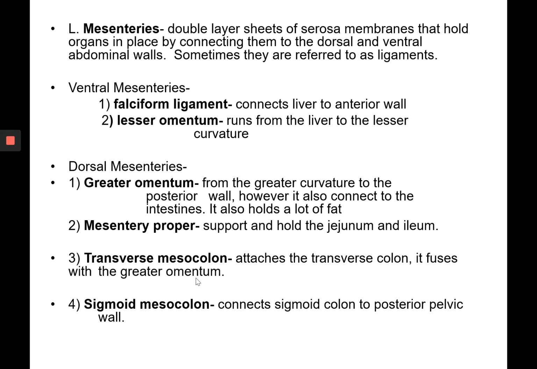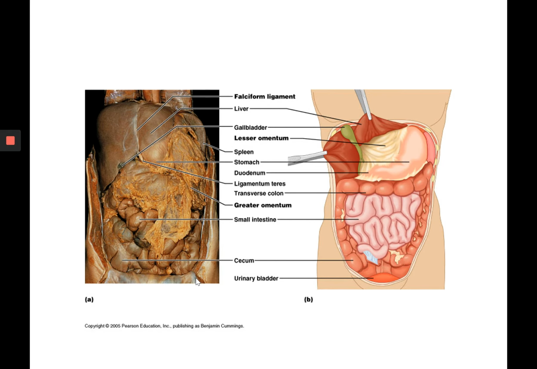Some of the mesenteries we looked at were the lesser omentum that connects the liver to the lesser curvature of the stomach, the greater omentum that has a lot of fat in it and overlies most of the abdominopelvic cavity, the mesentery proper, which connects parts of the small intestine, specifically the jejunum and ileum, and the transverse mesocolon and sigmoid mesocolon that are going to attach those parts of the colon to not only other mesenteries, but to the abdominopelvic wall.